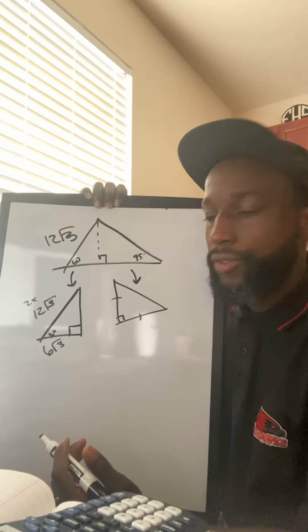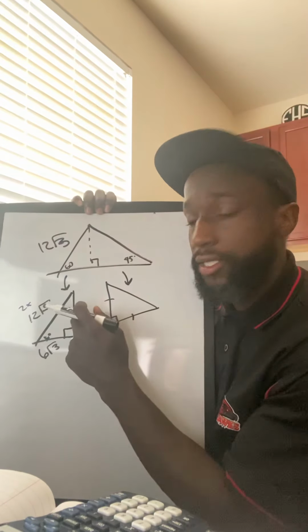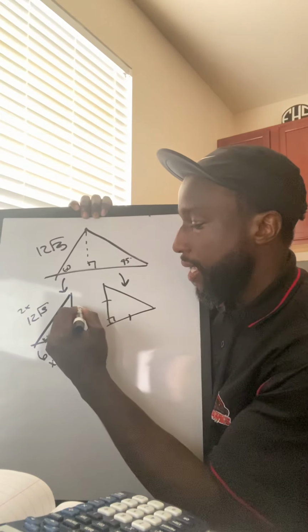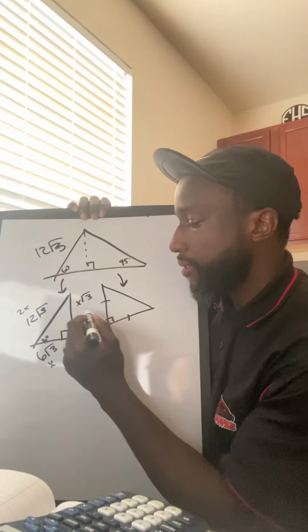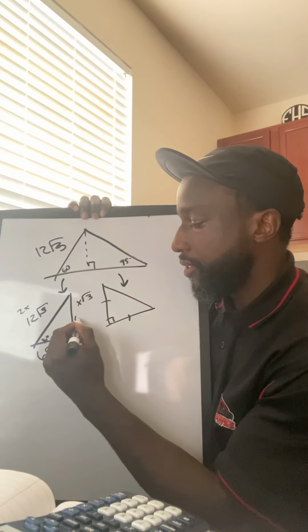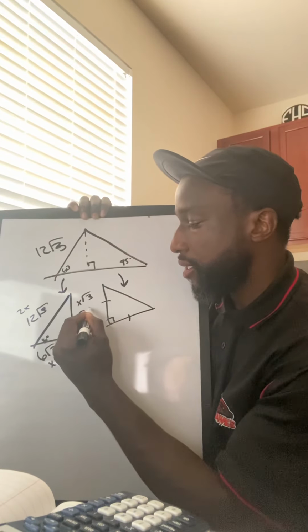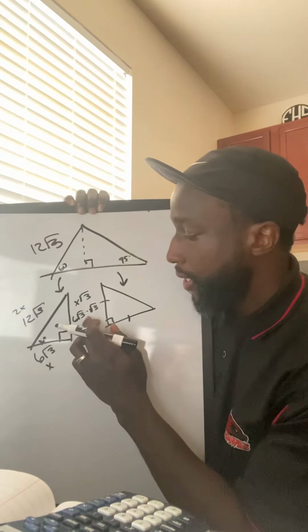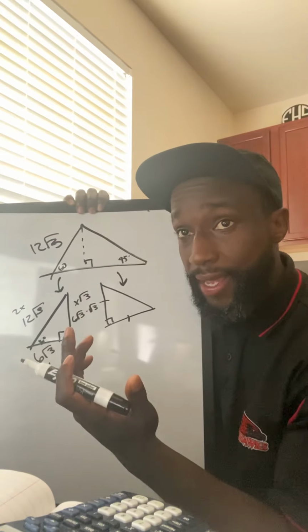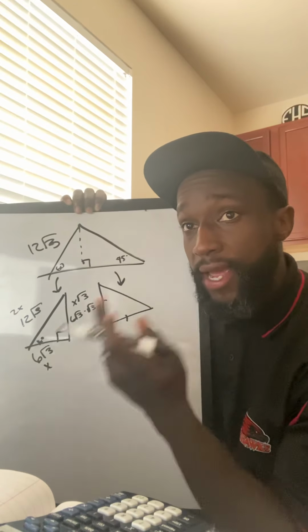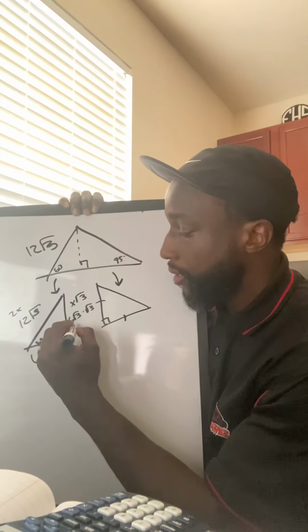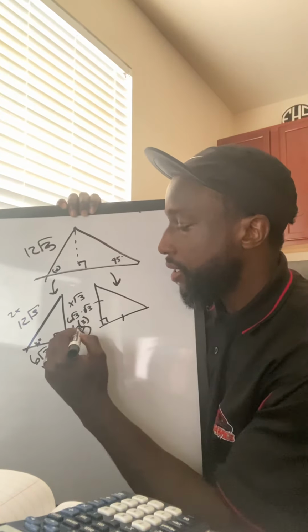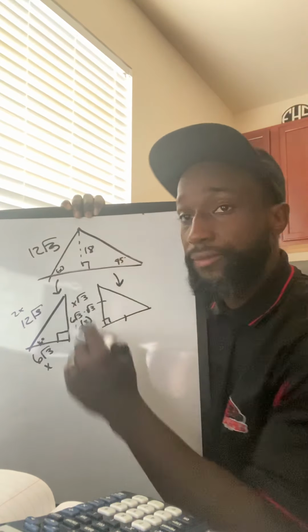So now all we have to do is find the height. Now this is the x side. This is going to be the x root 3 side. So for the height, you're going to end up with 6 root 3, which is x, times the square root of 3, okay? The square root of 3 times the square root of 3 is the square root of 9. And then you take the square root of 9 and you end up with 3. So this side is going to be 6 times 3, which is 18. So the height is 18.